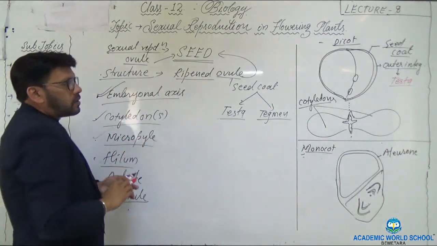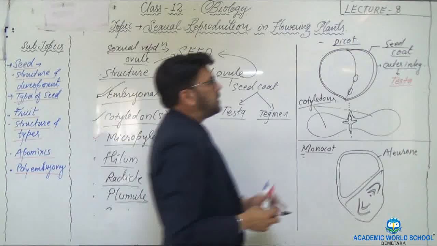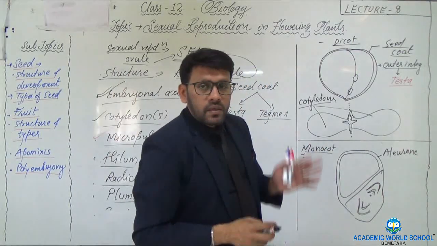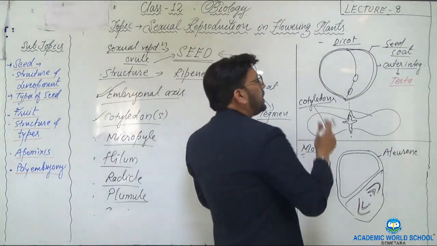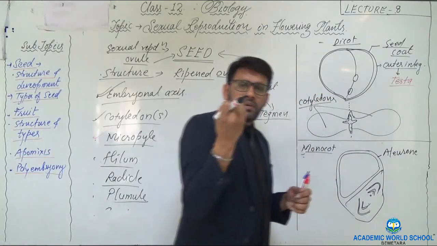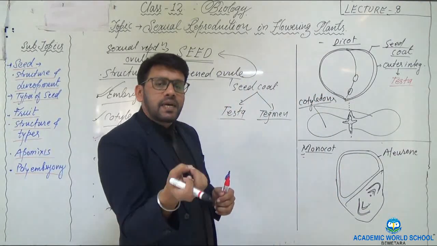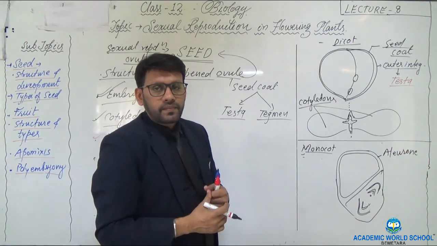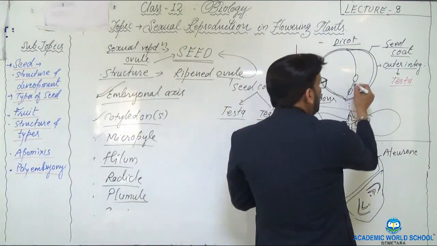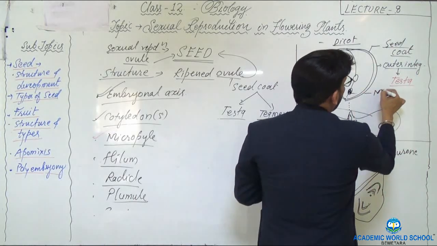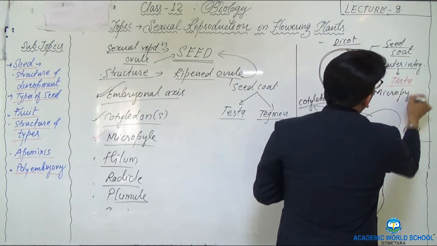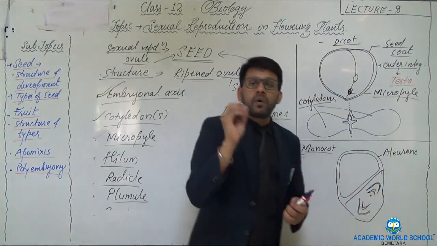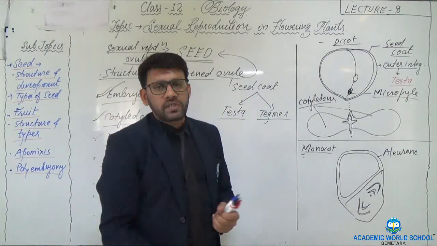So the micropyle, if you see this micropyle, just below the place where the seeds are attached with the ovary wall, below this, it is the micropyle, which remains open in all the types of seeds.